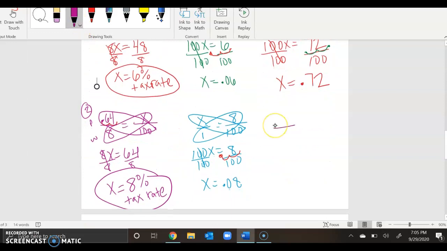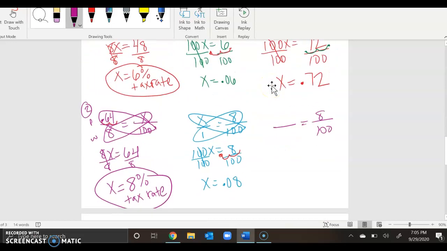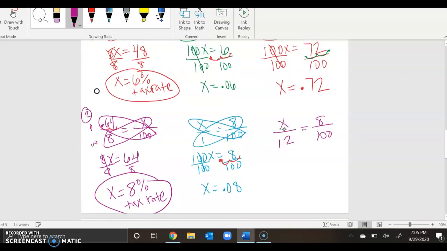All right, and then the last one, we're going to do the laundry soap. So we have our 8% tax. Our laundry soap is still $12. And X will go over 100. Cross multiply, we have 100x. 12 times 8 makes 96. Divide both sides by 100.